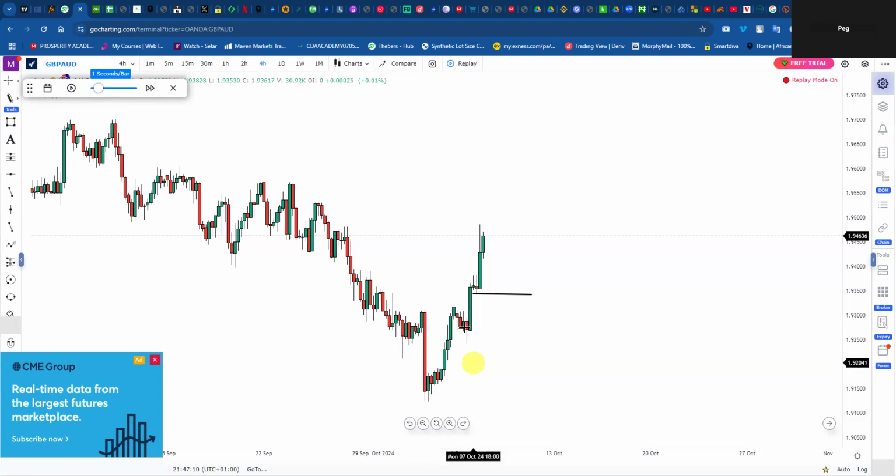Now look at this other block here. This red candle with a long wick is a pin bar. It takes out liquidity by going lower than every other candle there. It causes a displacement. There is a fair value gap between it and the third candle, and it causes a break of structure.